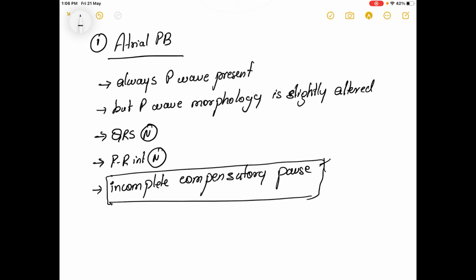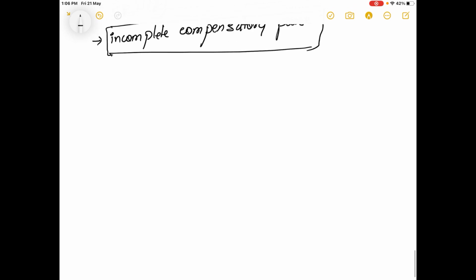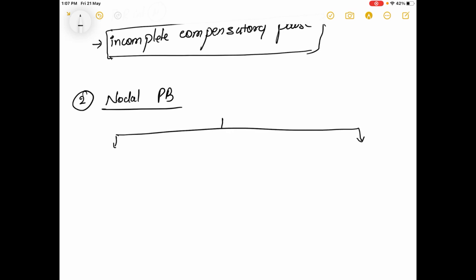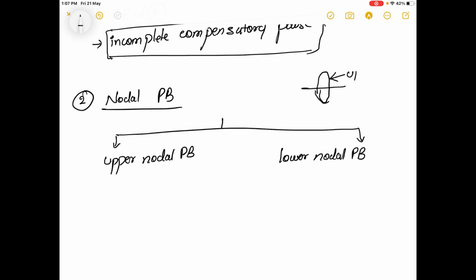Coming on to the next, nodal premature beat. This nodal premature beat can be divided into upper nodal premature beat and lower nodal premature beat. So the AV node is divided into two parts, and the premature beat can occur from the upper part or from the lower part.